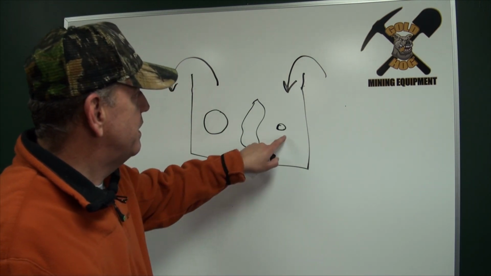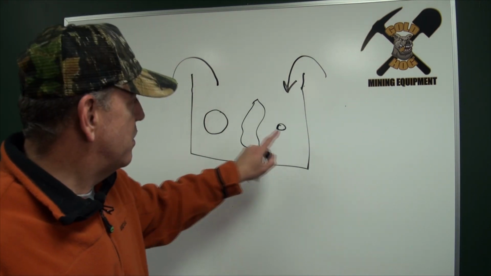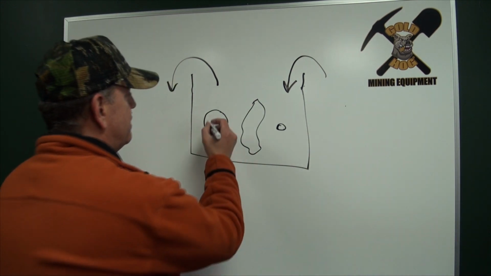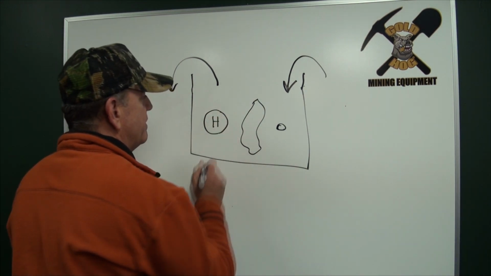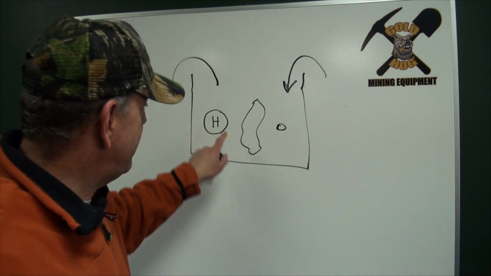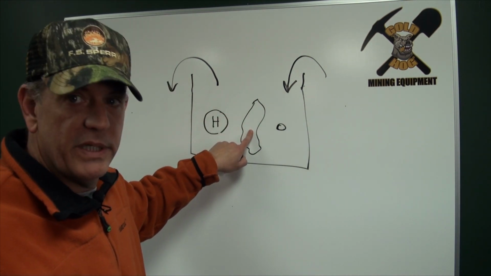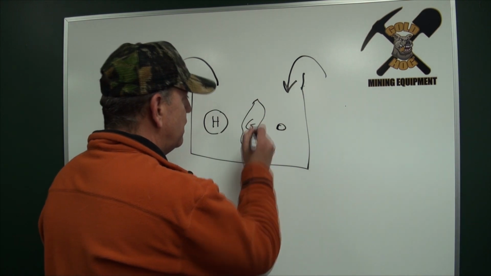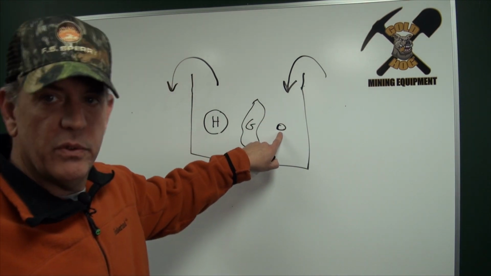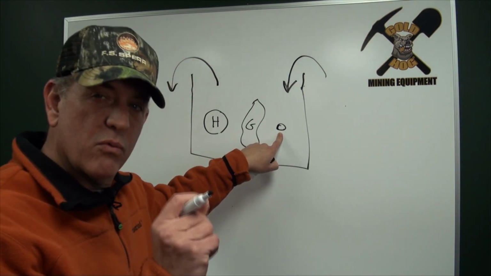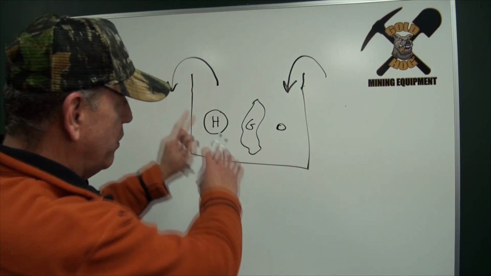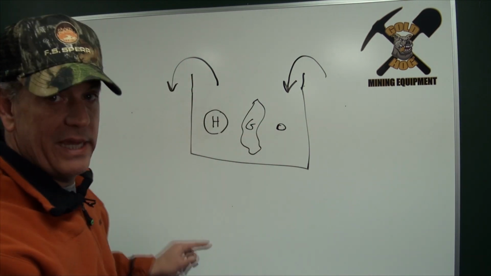It's actually hydraulic equivalence. So this piece of hematite, H for hematite, is hydraulically equivalent to this large piece of gold, as it is to a very small, more round piece of gold. So those three things are going to stay in here. What's going to exit out of here?